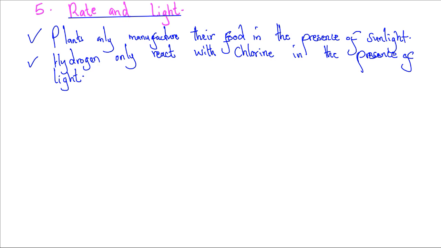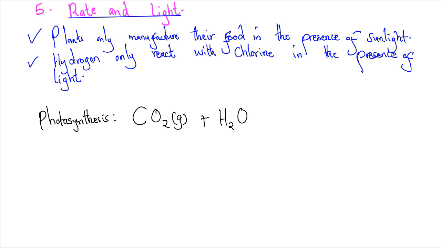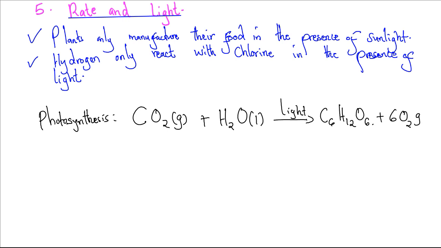That is, during photosynthesis, carbon dioxide gas combines with the water in the presence of sunlight, that is light, to give us glucose, that is food, C6H12O6, and some oxygen gas is also liberated from that process.